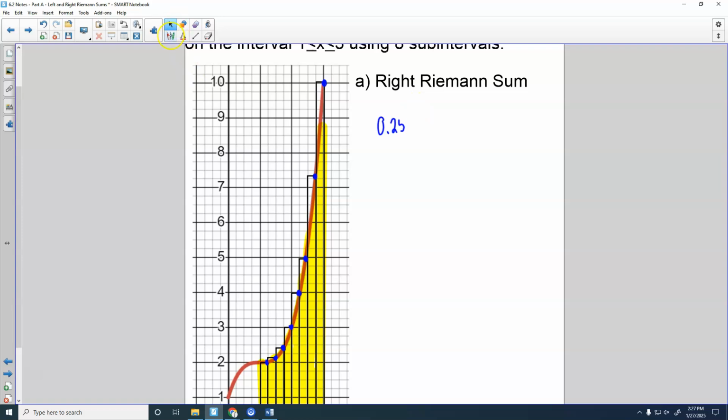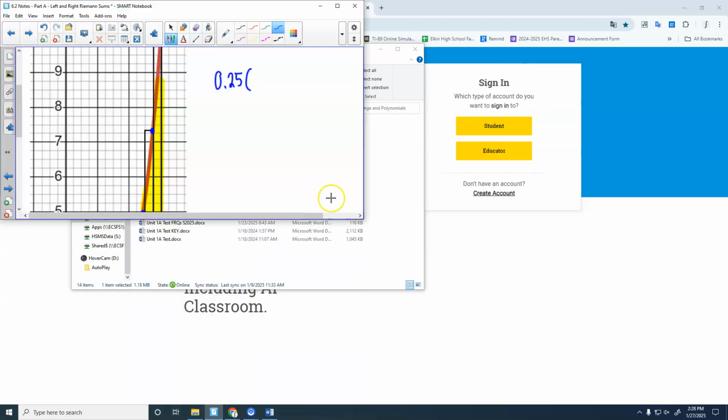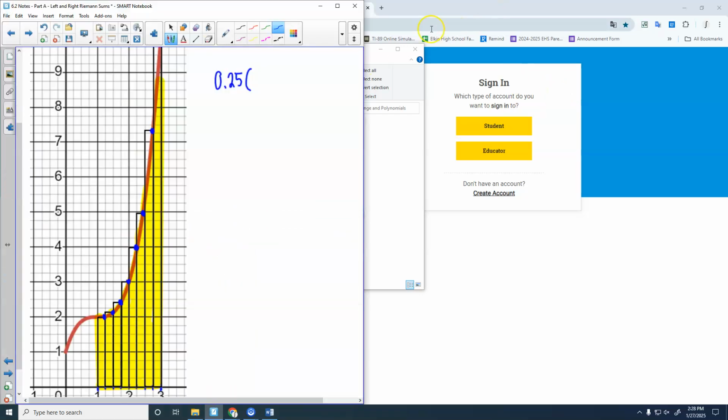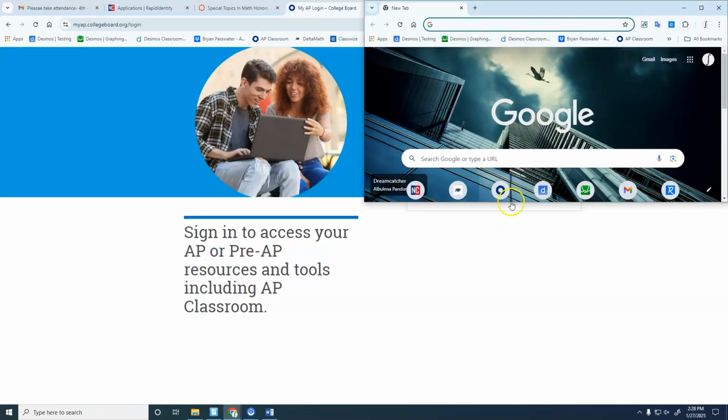So I have 0.25 times the height of this first rectangle. The height of that first rectangle can be given by f of our x value right there, right? Because if I plug in, it looks like it's about 2, but I don't think it is actually 2. So, let me pull up Desmos here.